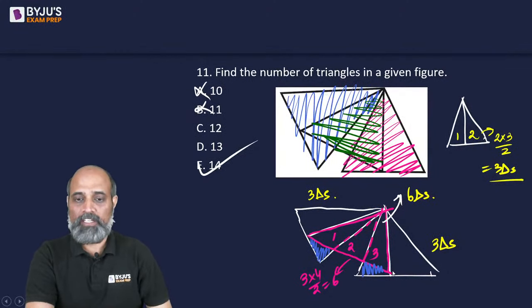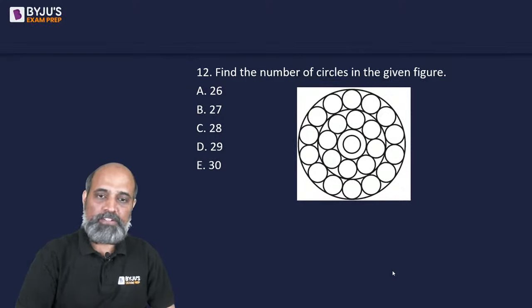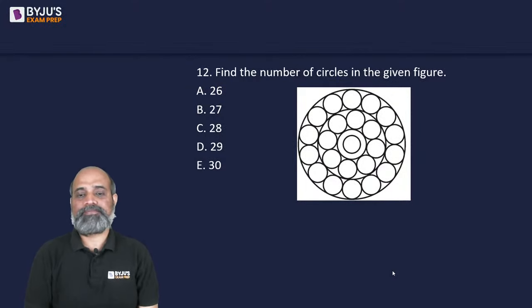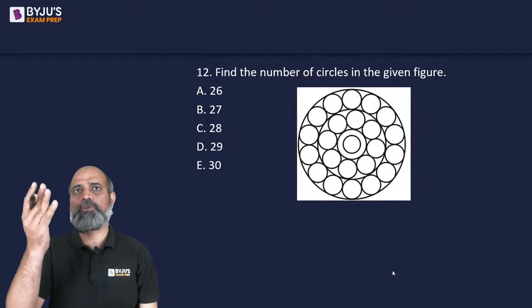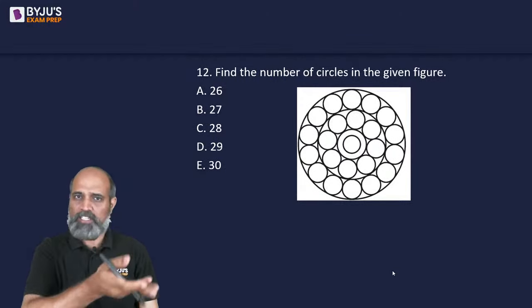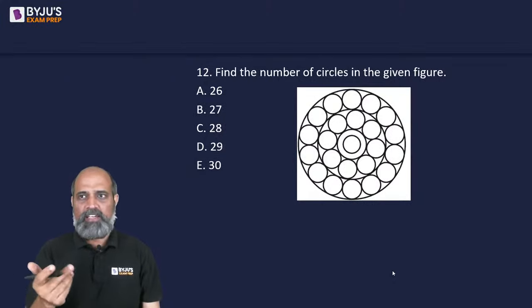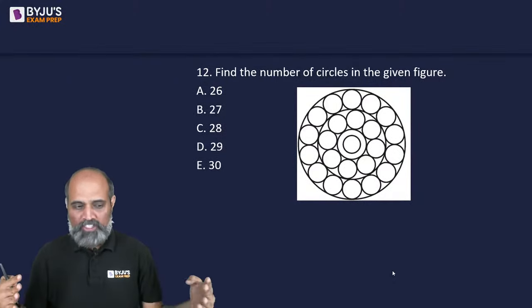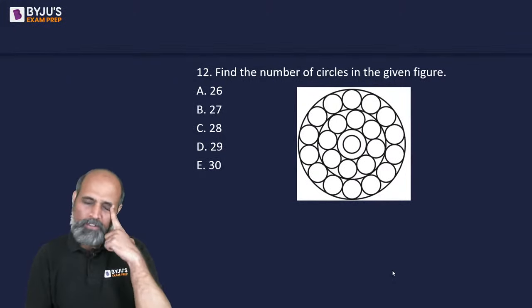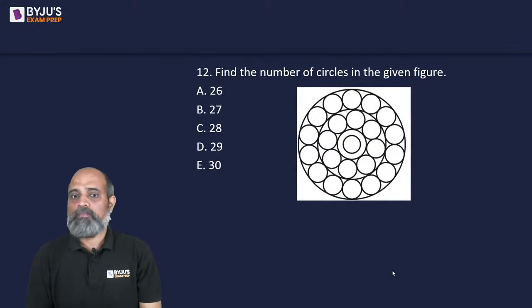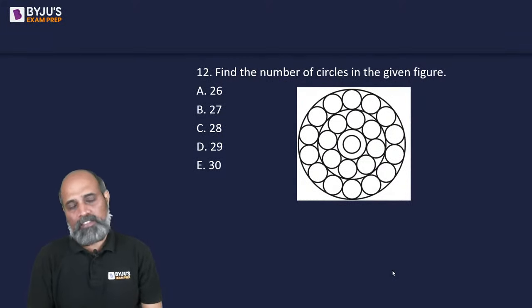No, 14. Next, find the number of circles in the given figure. Pretty easy. Circles are always easier because all you have to do is follow the circumference or the track. In the case of triangles or squares, you have got straight lines cutting each other, तो वो थोड़ा visually confusing होता है. But when it comes to circles, it's pretty easy, right?